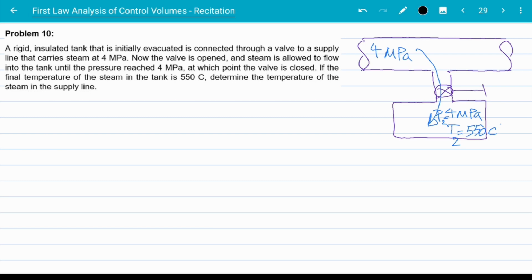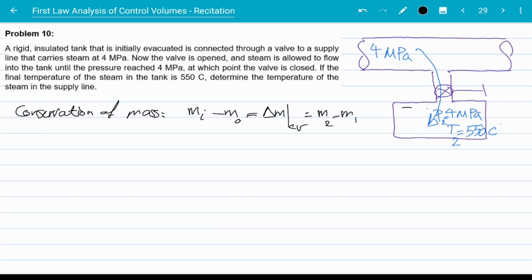So let's start with the conservation of mass. Conservation of mass states that whatever mass is coming in minus whatever mass is going out is equal to the change of mass of our control volume, which is m2 minus m1, if I take this as my control volume.